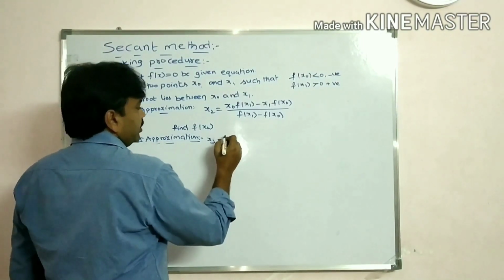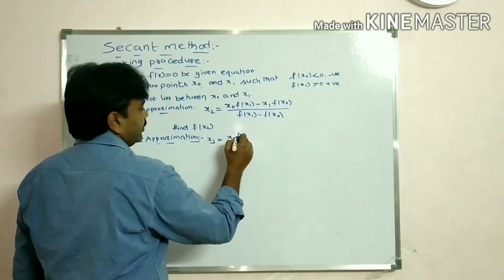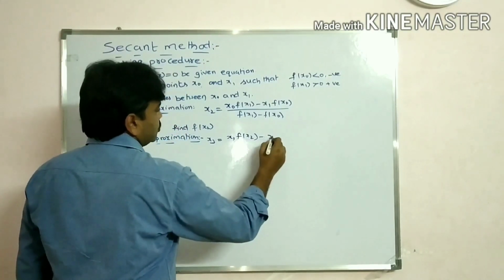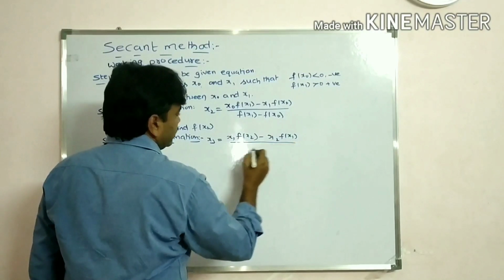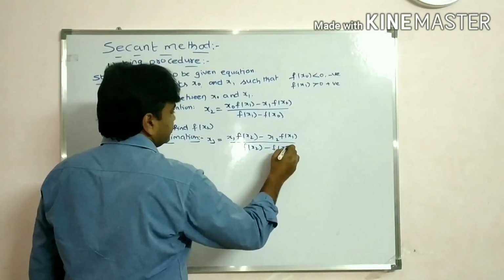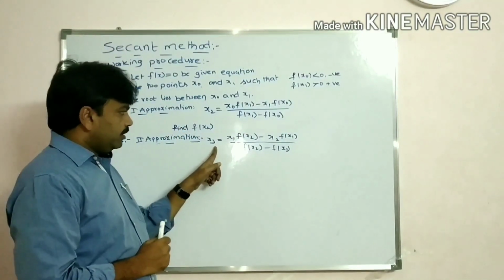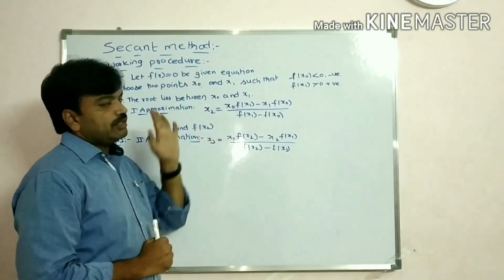Now you write here x1 f of x2 minus x2 f of x1 divided by f of x2 minus f of x1. What is the formula here? If it is 3, we get 1, 2. If it is 2, we get 0, 1.